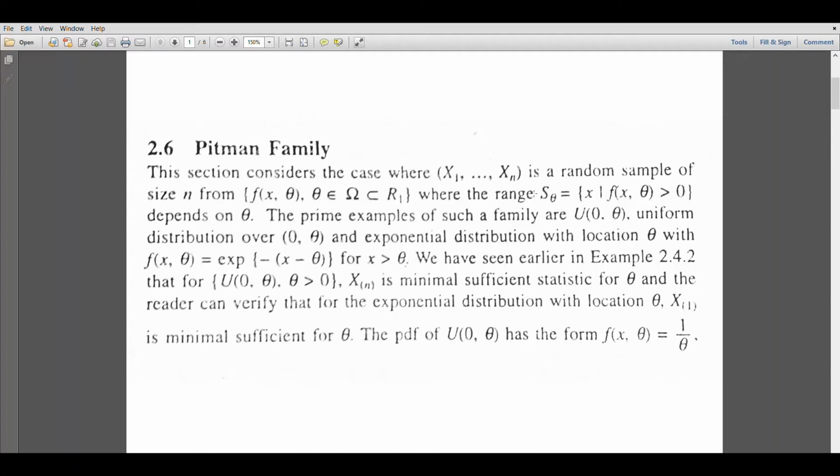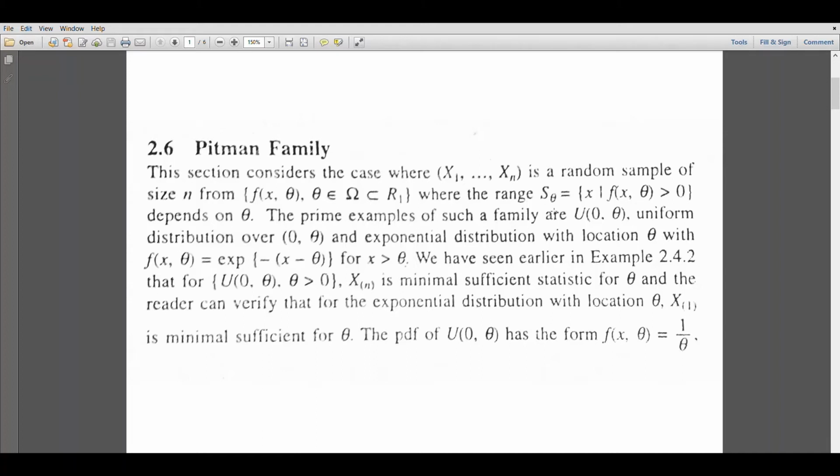The range S_theta equals the set of x such that f(x, theta) is greater than 0, and it depends on theta. A common characteristic of Pitman family members is that the range, that is the collection of all values of x such that the PDF f(x, theta) is greater than 0, depends on theta.